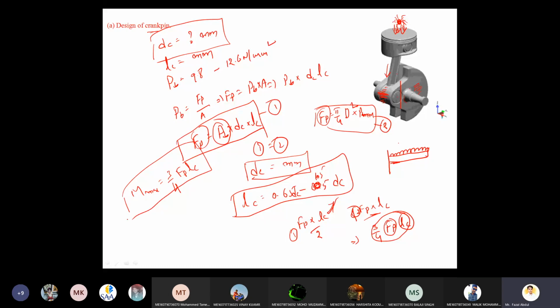And now the section modulus for the crank pin. The crank pin has a circular section, so the section modulus Z equals pi by 32 into Dc power 3. Now bending stress equals maximum bending moment by section modulus.